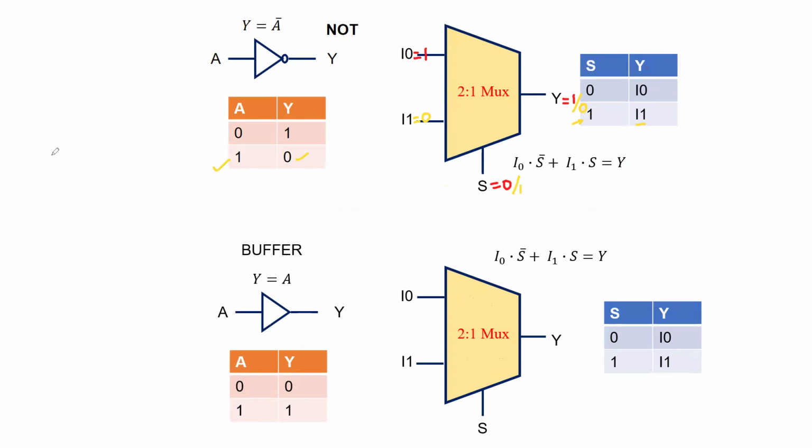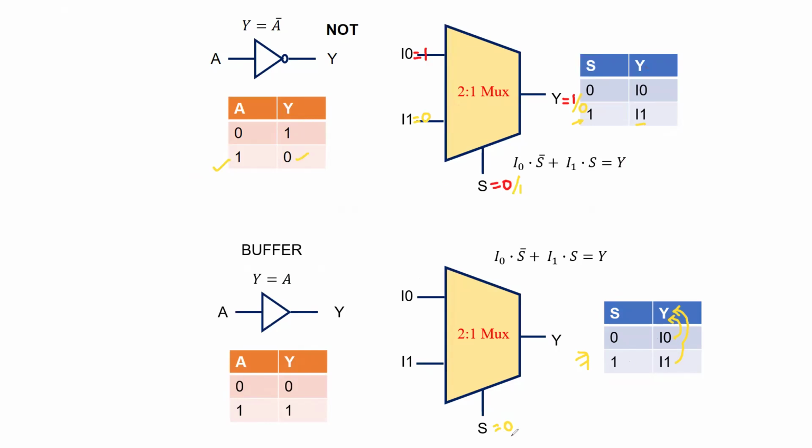So again, let us write the condition for S equal to 0. When S is equal to 0, as per this truth table, we know that I0 gets connected to the output Y. And when S is equal to 1, we know that I1 gets connected to Y. So how do I select that?